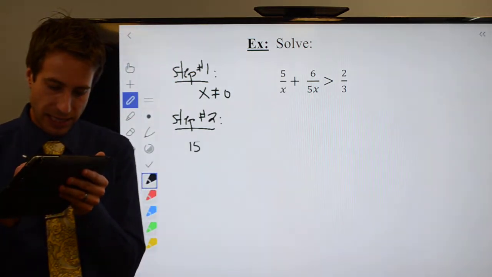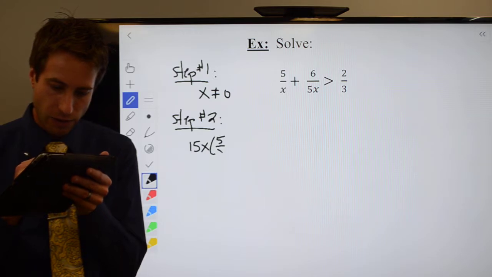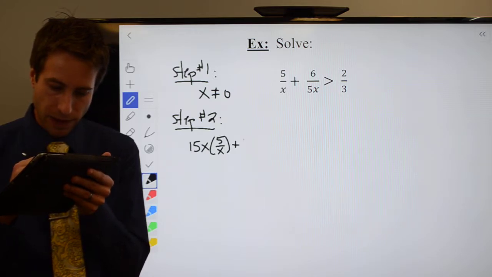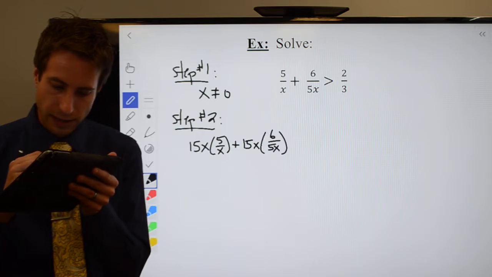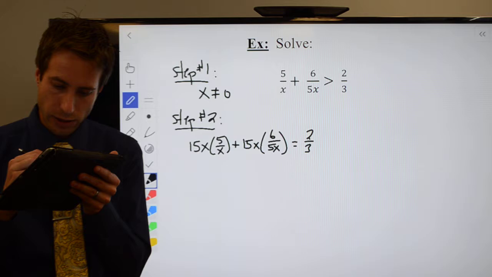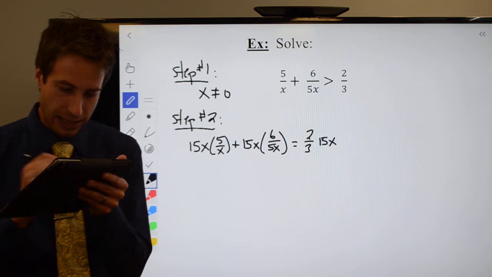I wind up with 15x times 5 over x plus 15x times 6 over 5x is equal to 2/3 times 15x. Here's what happens.